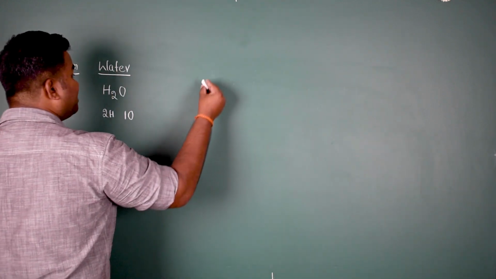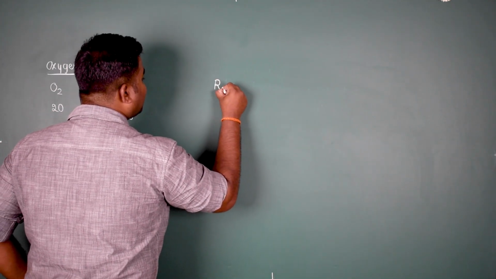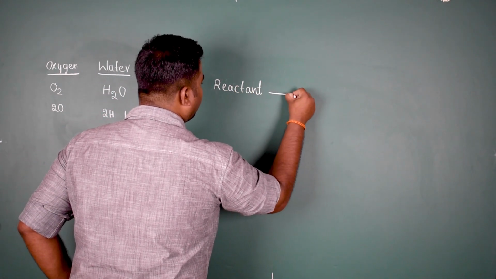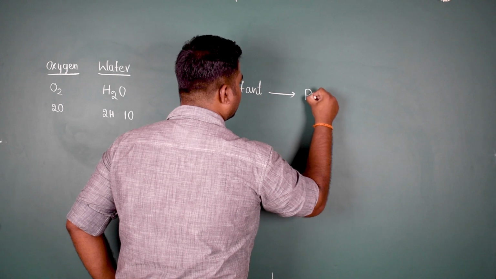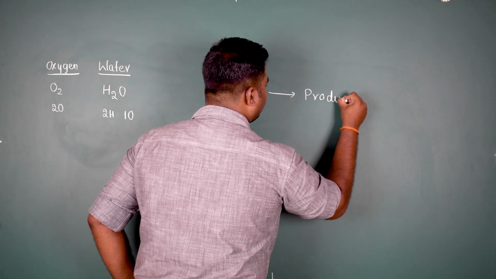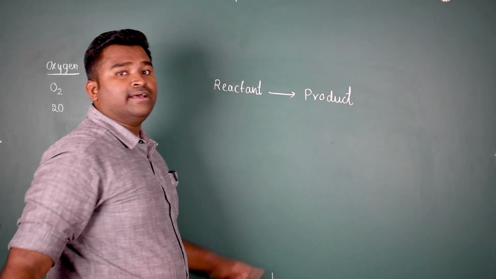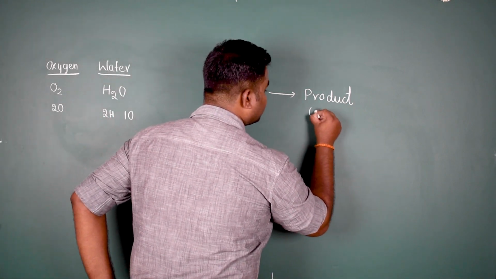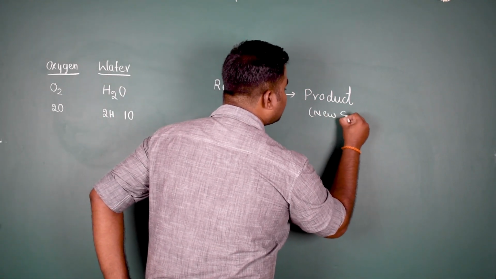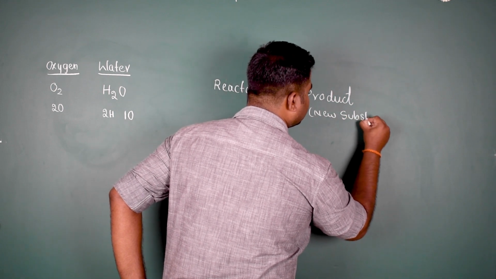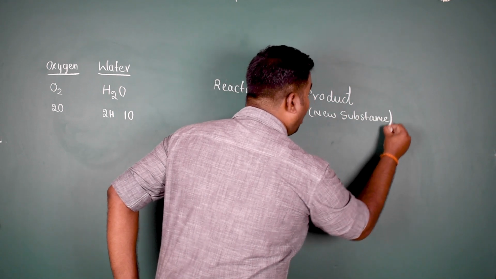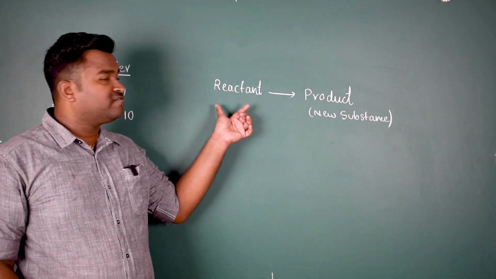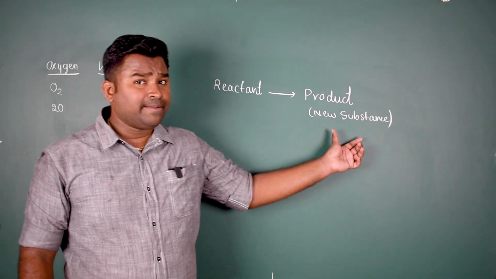Now, in a chemical reaction, reactants are reacting together to form products. Okay? We know that products are the new substances that are formed from the reactants. So if these are the new substances, then the composition of this new substance should be different from that of the reactant because they are not same now.